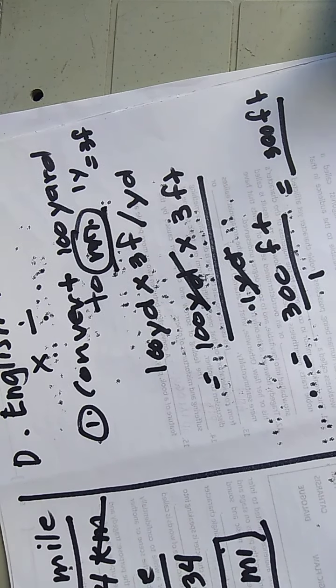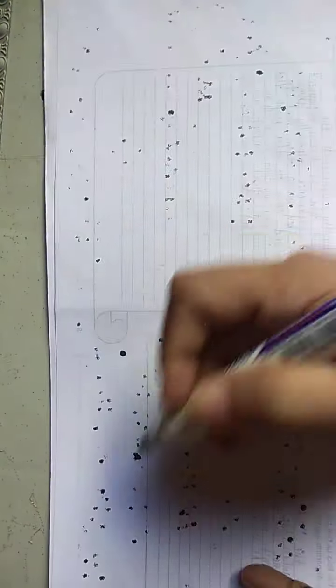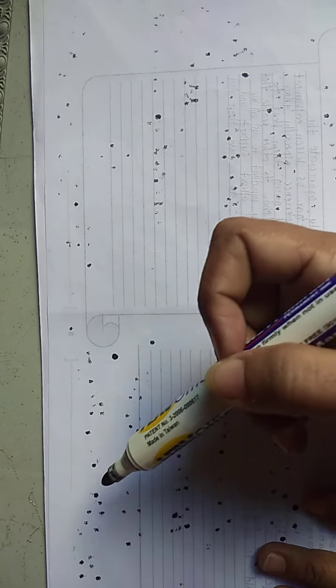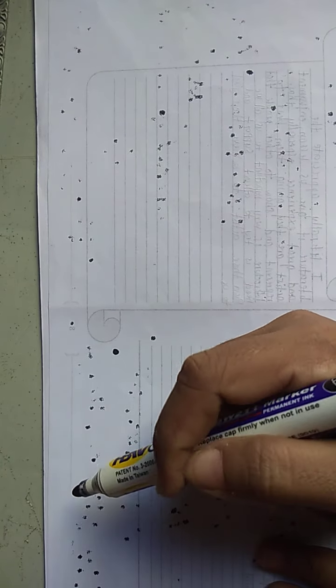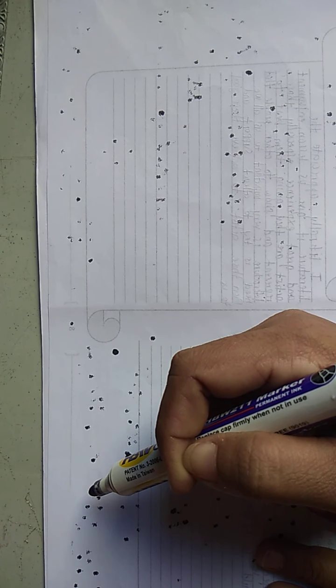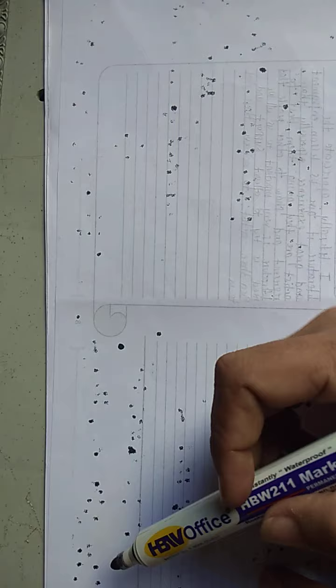Kaya lang, ma'am, ang hinahanap po natin dito is meter. So, kung meter ang hinahanap at 300 feet yung naging sagot, we have to convert 300 feet. Okay? So, in converting 300 feet, sabi dito, in every 1 feet there is, how many? 12 inches.